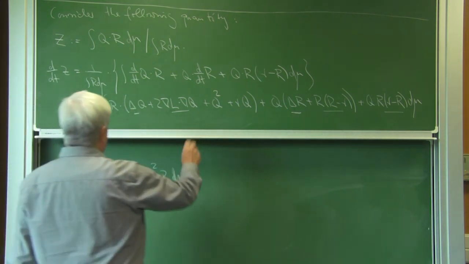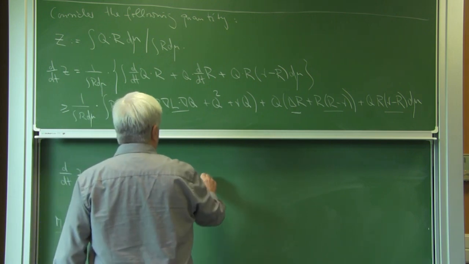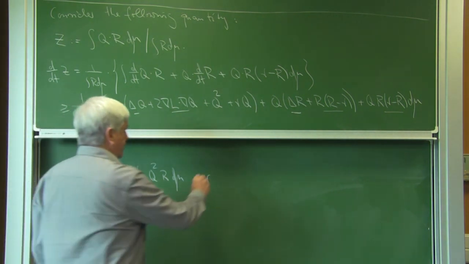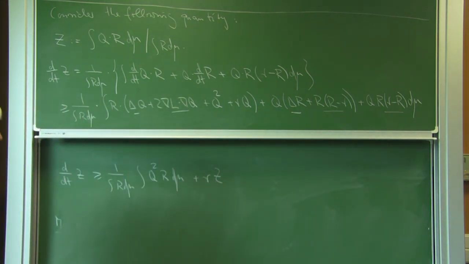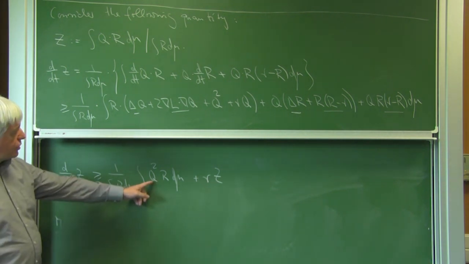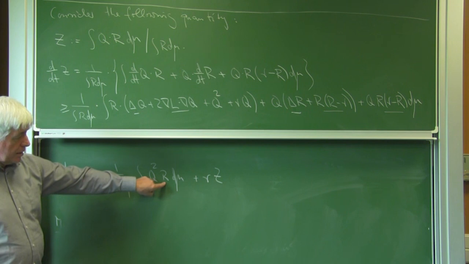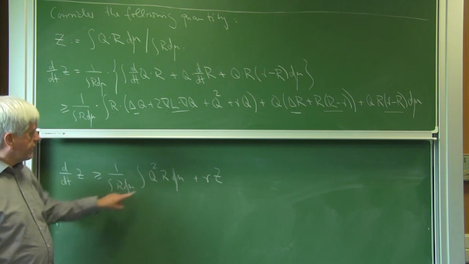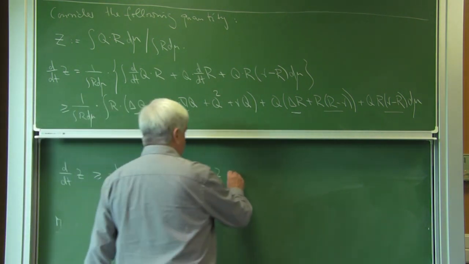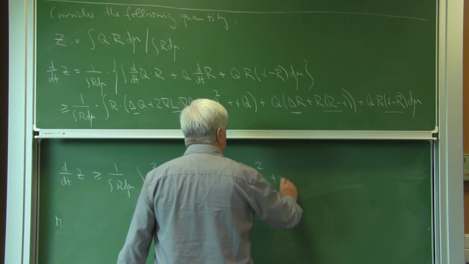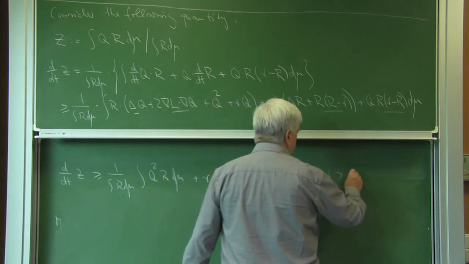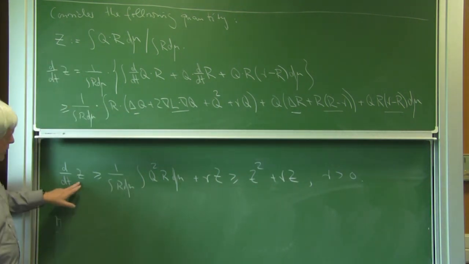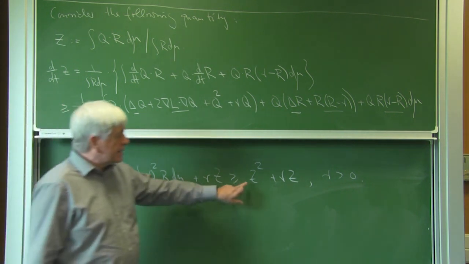And from here we get plus little r times the integral qr over r dμ, but this is just Z. And this is now the square of Q. So we can now use the Schwarz inequality, but with respect to the measure r dμ. And then this combines just to Z squared. So we get Z squared plus r times Z. And remember, r is a number which is positive. So now we get this magical ODE: d/dt of Z, of this integral, is bigger than Z squared plus rZ.